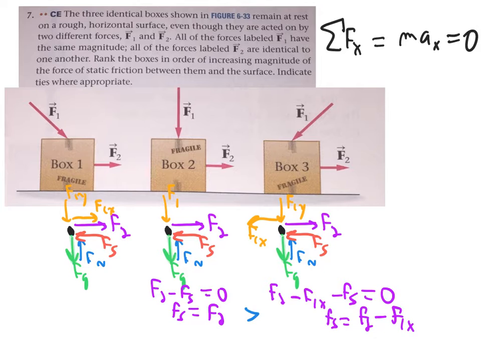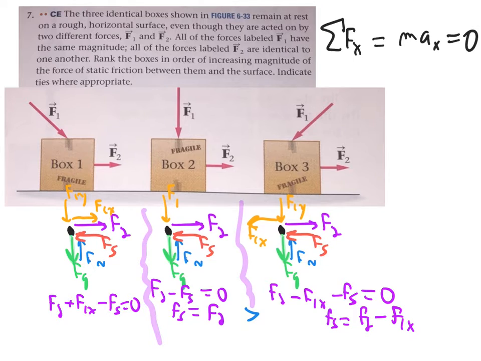And then if we finish with box 1, we have F2 plus F1x minus Fs equals 0. Just remember, let's keep these separated.